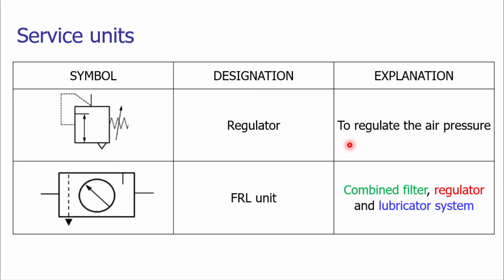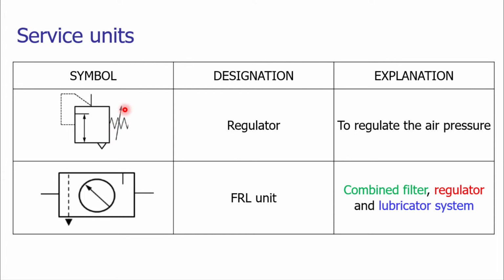The regulatory valve, which is used to regulate the air pressure, can be seen on your screen. This is the regulatory valve, which is a spring loaded valve, but we can change the spring force over here.